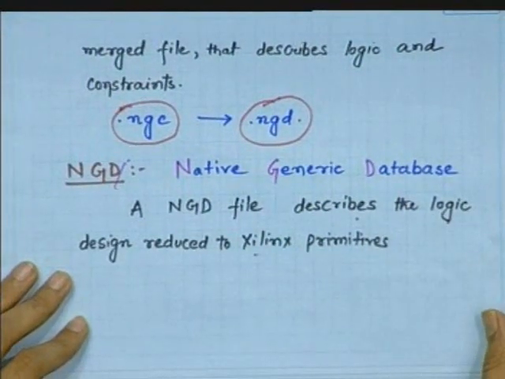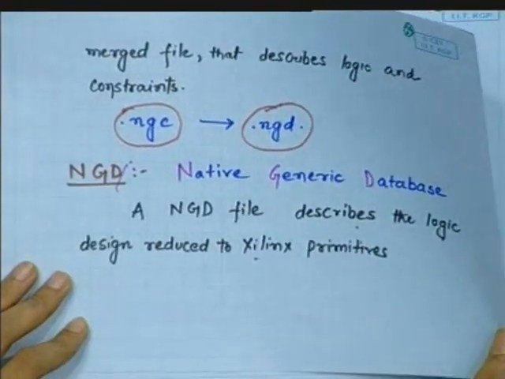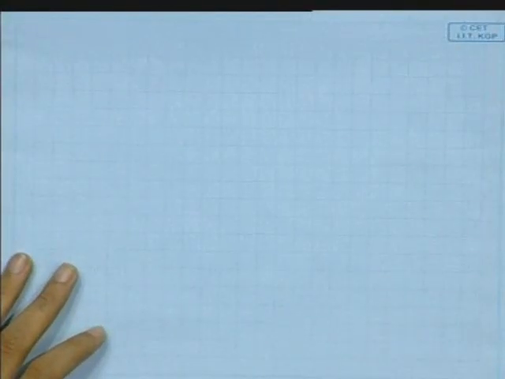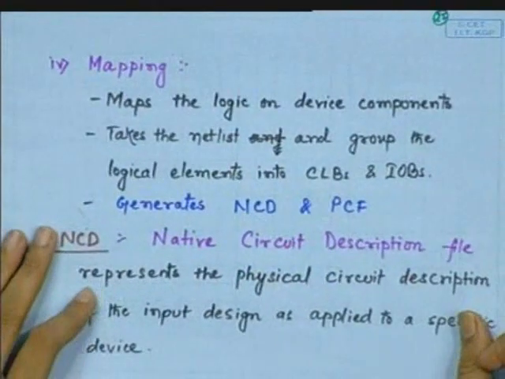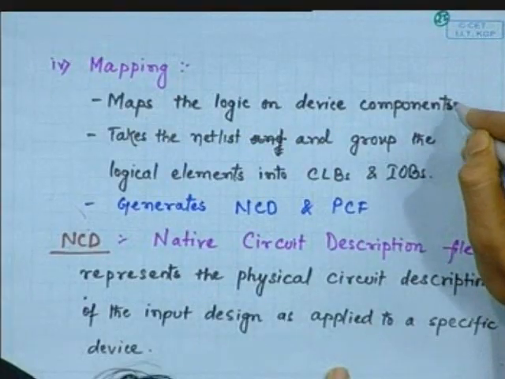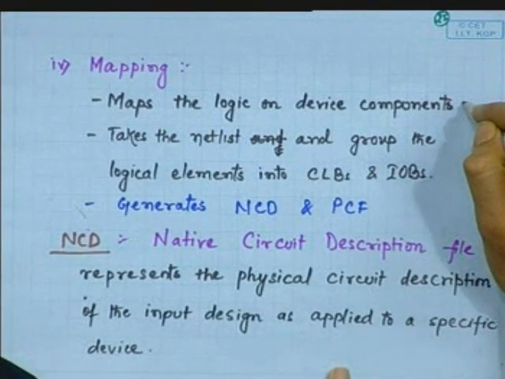The NGD file describes the logic design reduced to Xilinx primitives. Now after translation comes the mapping. Now what happens in mapping? Mapping maps the logic on a device component.